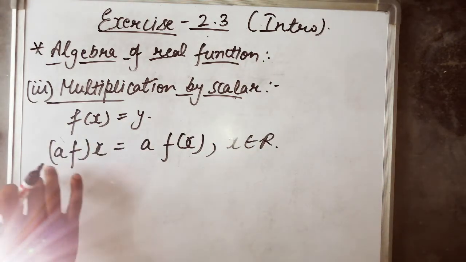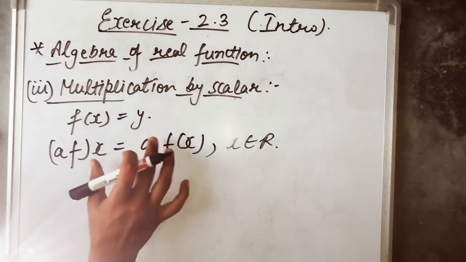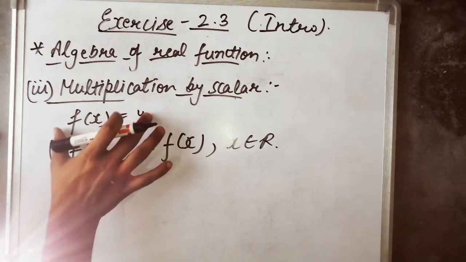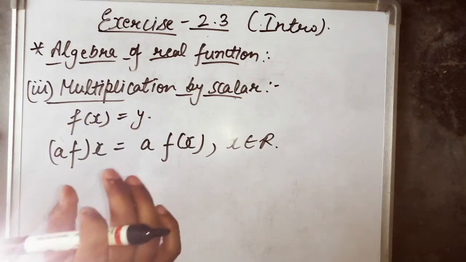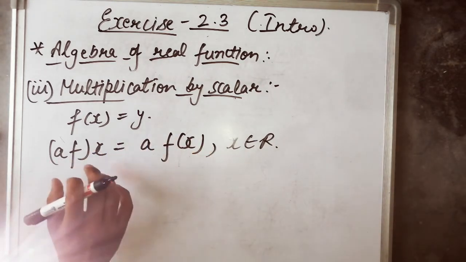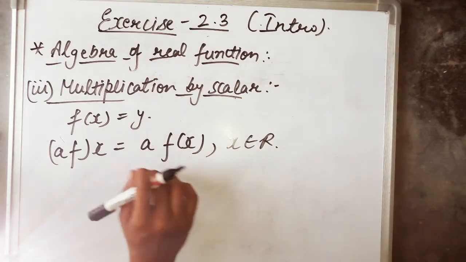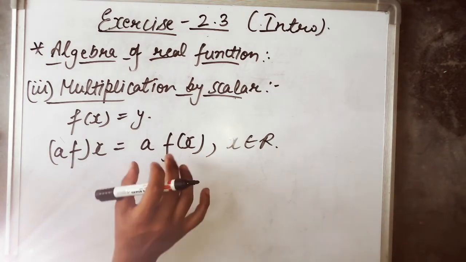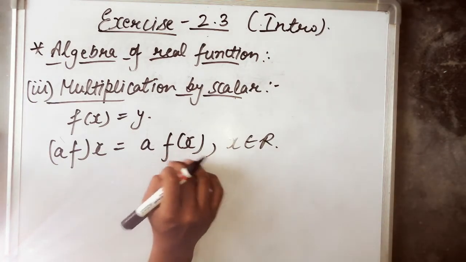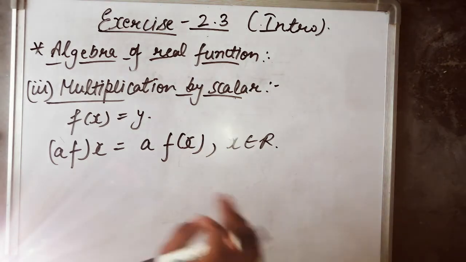So what was the meaning of f x is equal to y? We have considered a function f x is equal to y, and we have multiplied a scalar a with this function f x, and the result we will have is a multiplied by f x.